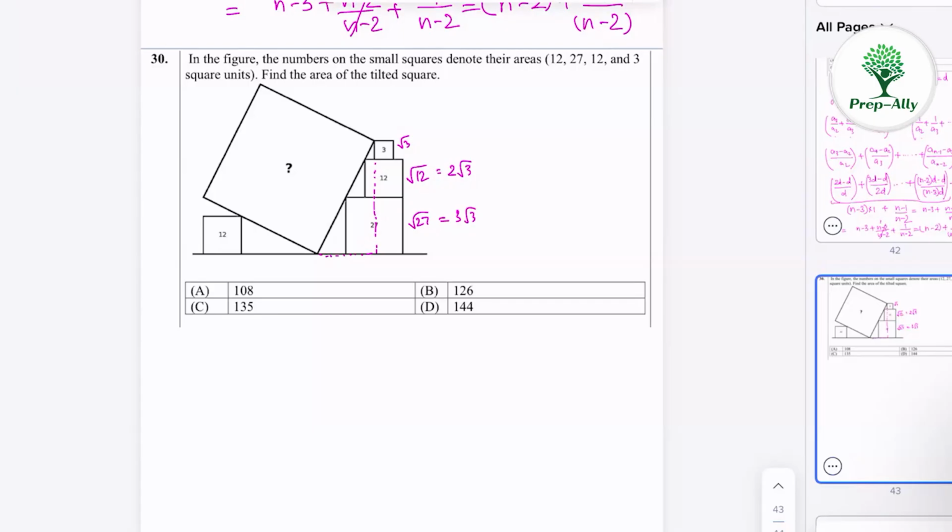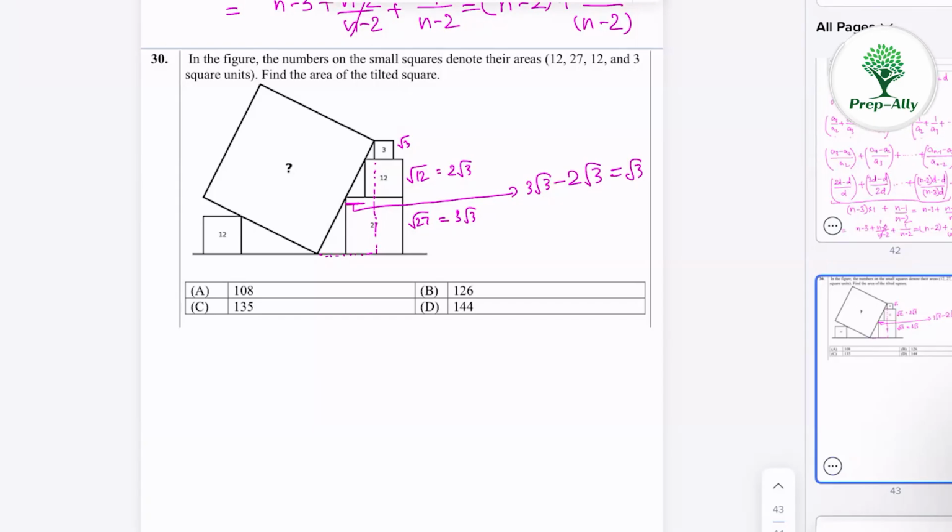And this distance here is the side of this square minus the side of this square. So we have this distance here as 3 root 3 minus 2 root 3, which is root 3.